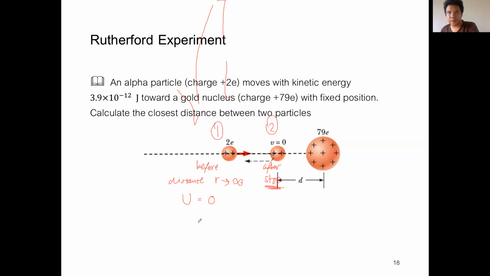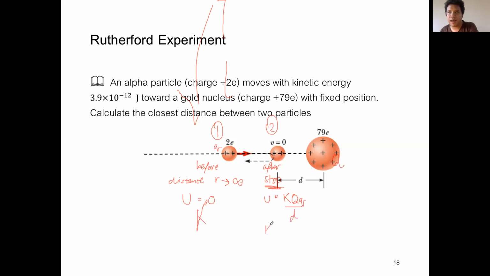And then they have the kinetic energy K. Then for the situation after, the potential energy becomes K times the big charge Q times the small charge q, divided by the distance d.